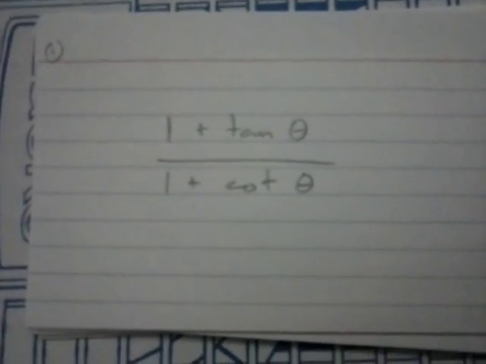So we start with our (1 plus tan theta) over (1 plus cotangent theta). And we know that tan is equal to sine over cosine, and we know that cotangent is the inverse of tan, and that cotangent is also cosine over sine.